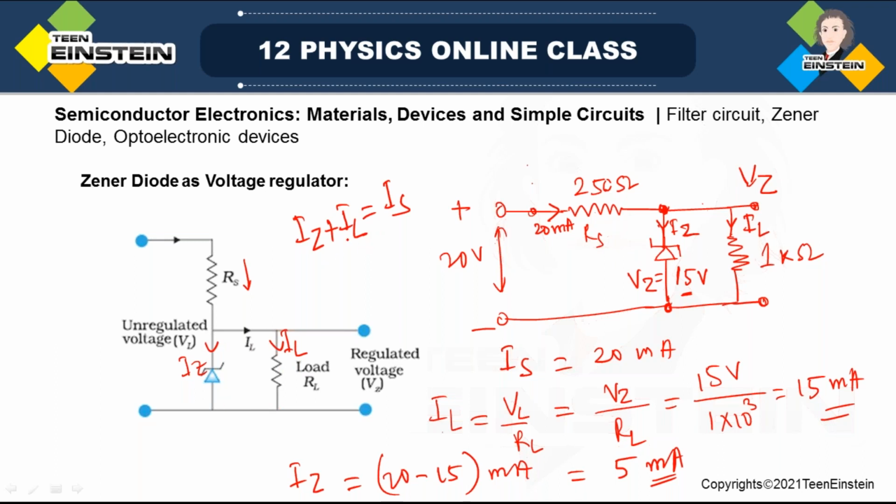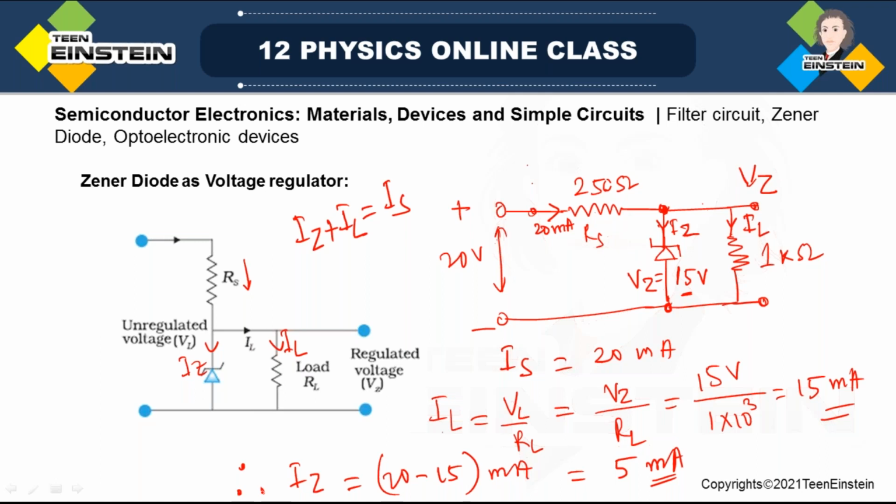If the load resistance is not there, then IZ will be equal to IS. So in this case, the current through the Zener diode is 5 milliampere. I hope you have understood this problem.